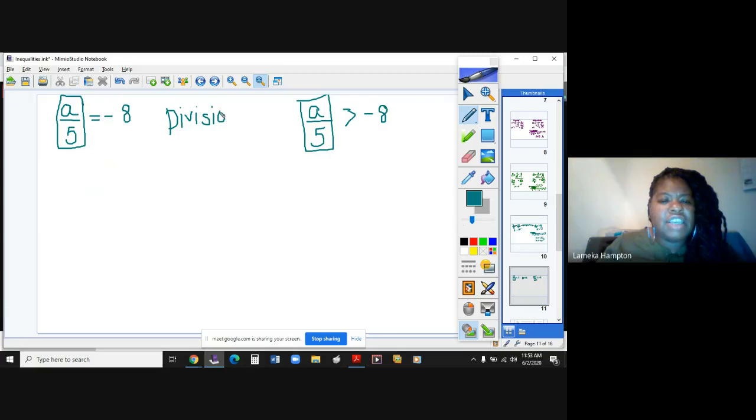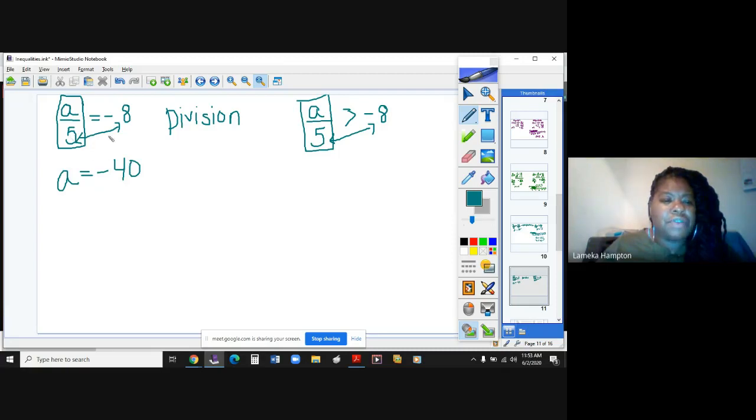So, because these problems are division, I must do the inverse operation to solve them, which is multiplication. So I am going to multiply these two numbers together. When I do that, I have A is equal to negative 40.